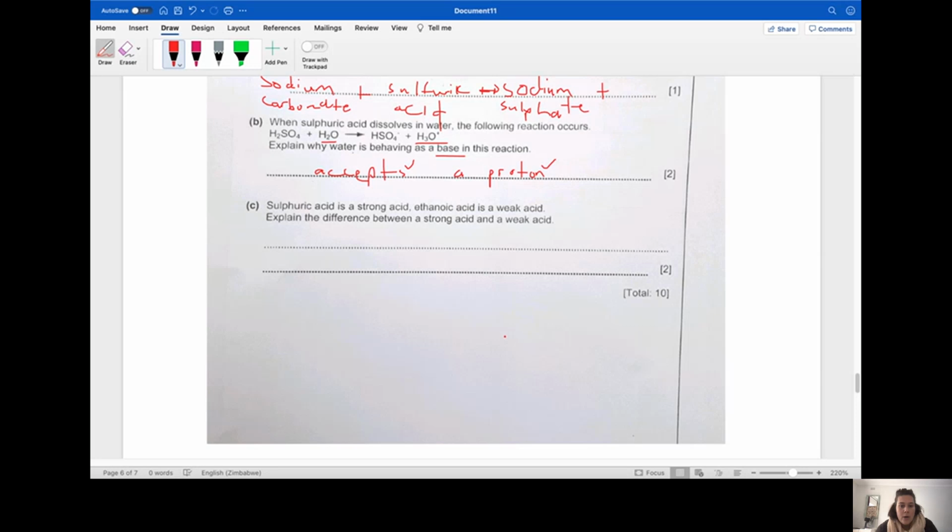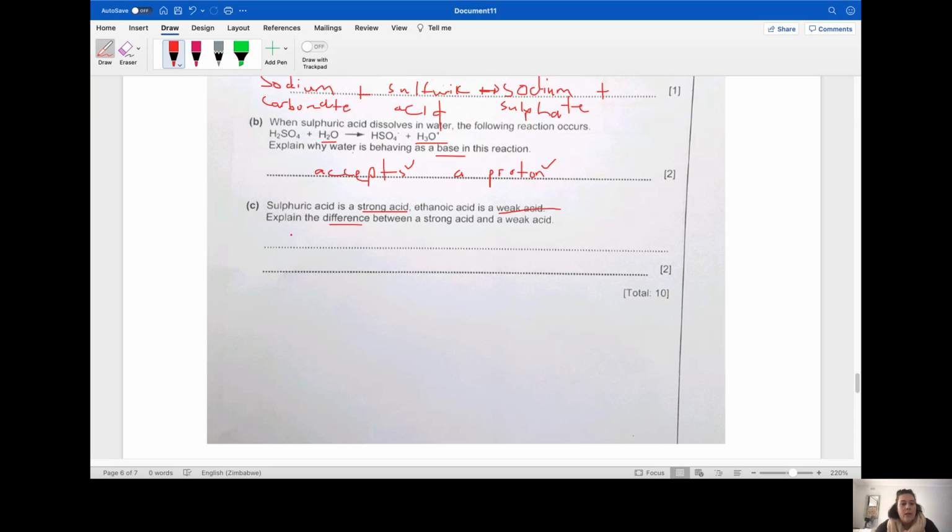Question C. Sulfuric acid is a strong acid. Ethanoic acid is a weak acid. What is the difference? This was just rote learning. We spoke about what is a strong acid, what is a weak acid.